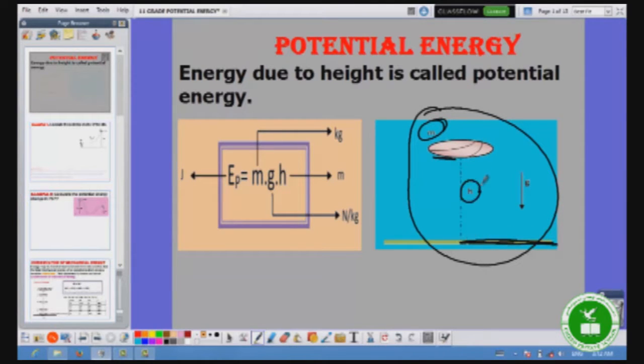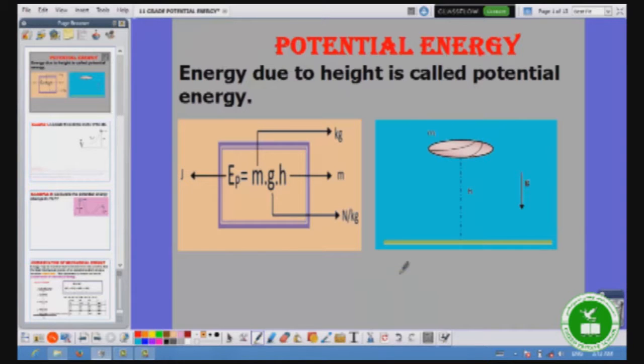At this height it is located, so it has some potential energy according to this level. So we can say that if height is more, potential energy will be more. If height is less, potential energy will be less. Height increases, potential energy increases. Height decreases, potential energy decreases.